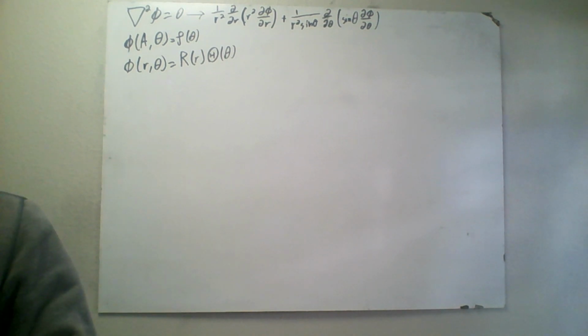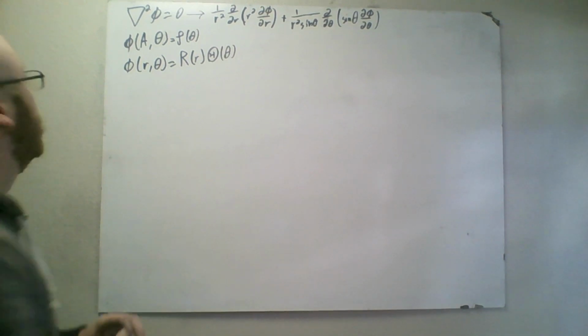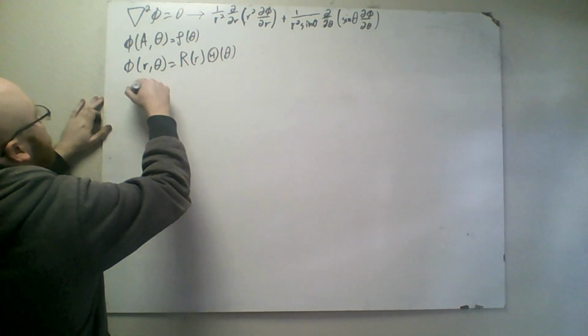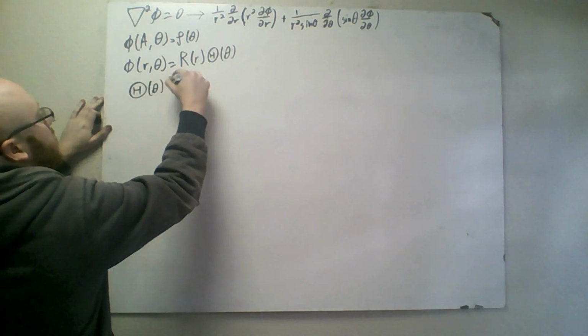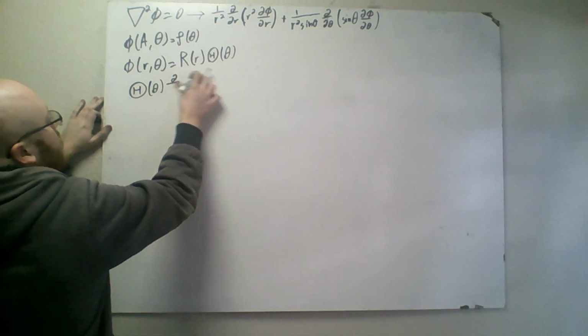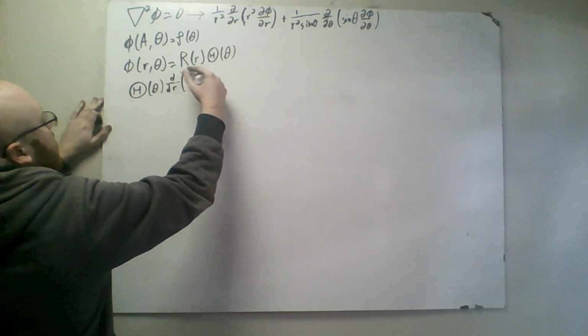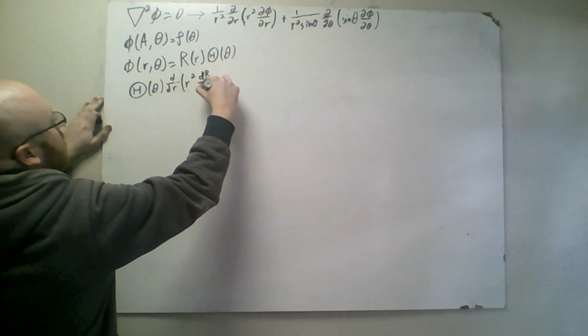Okay, so first thing, we just multiply by the r squared to get rid of that stuff. Next thing we do, I might skip a step just to make it easier on us. I'm going to pull out the stuff. So what we get is theta times d over dr, r squared dR over dr. These will actually turn into just regular derivatives because this is just a function of r.